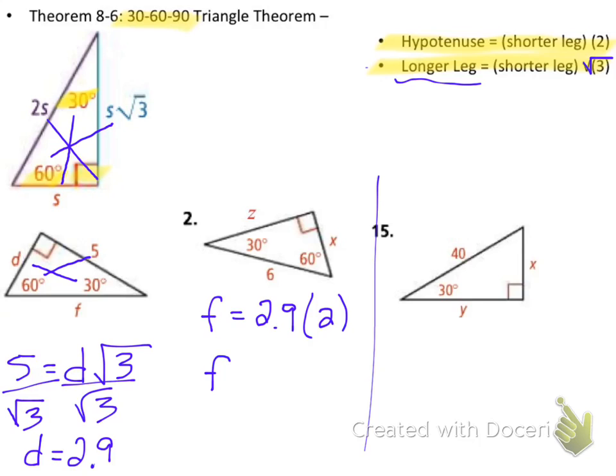And so I get f is equal to 5.8. And that's how you find both of those.